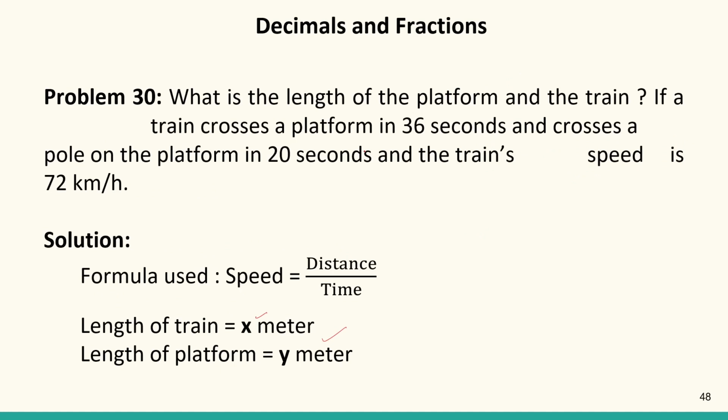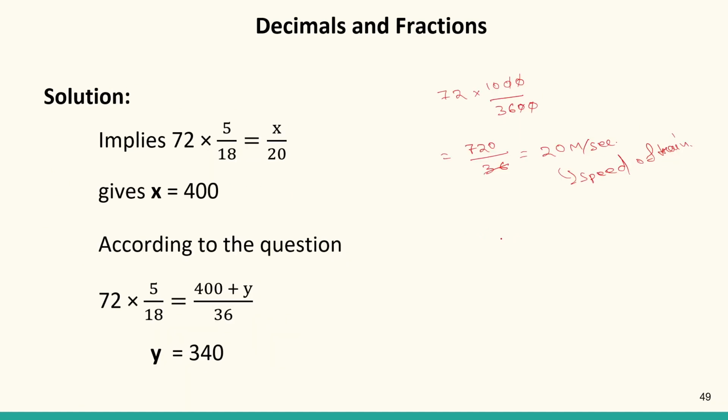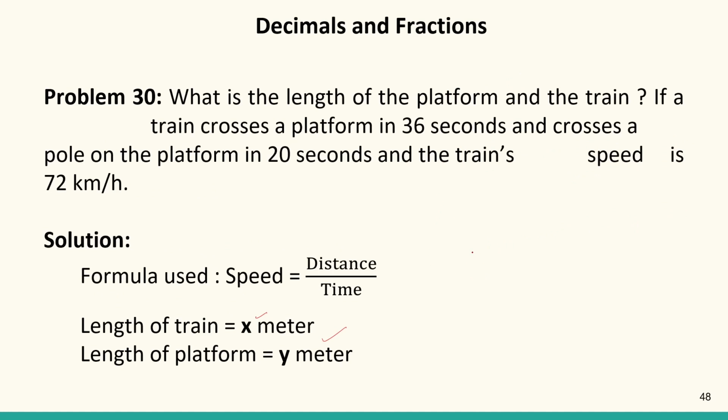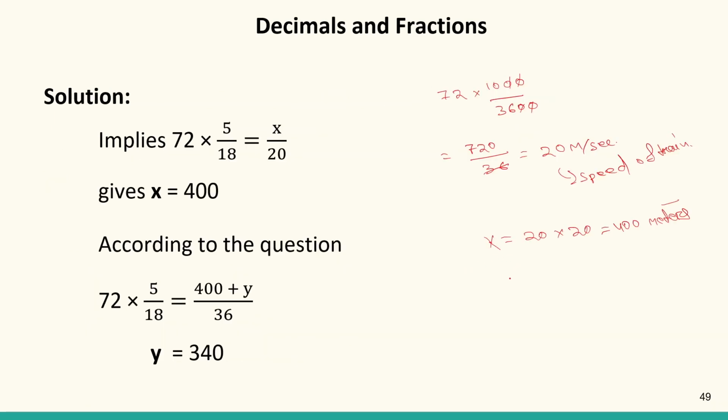It took 20 seconds to cross the pole, so x is 20 into 20, that is 400 meters, the length of the train. Sorry, this is x, right? And it took 36 seconds to cross the platform, so the distance covered is 36 into 20, that will be equal to 720 meters.